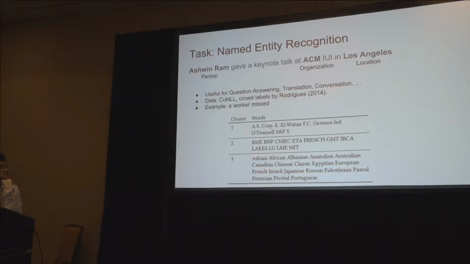And the interesting one is the third cluster, where you see a lot of nationalities. These nationalities are usually in organization words, and it looks like this worker has some confusion about nationality.